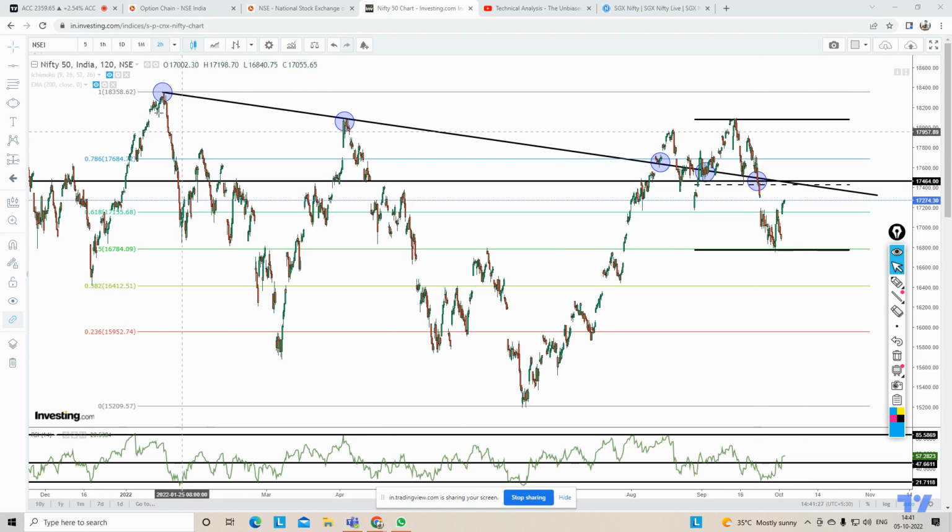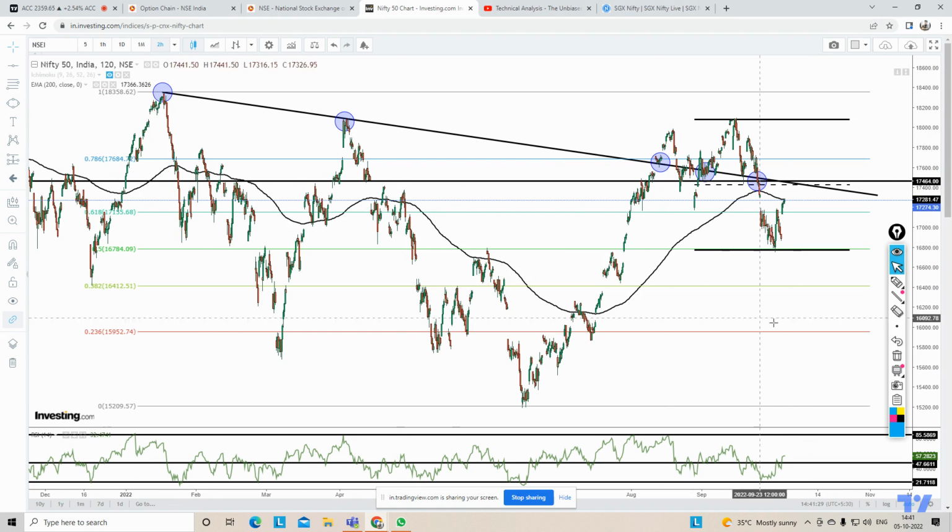If I plot the 200 EMA, exponential moving average, on the 2 hour chart, you see Nifty actually closed right at the 200 moving average, which is this area. You can see. So if we see a gap, which is this particular horizontal trend line, and if it sustains for the first 1 hour or 45 minutes, it means it is sustaining above the confluence of this area.